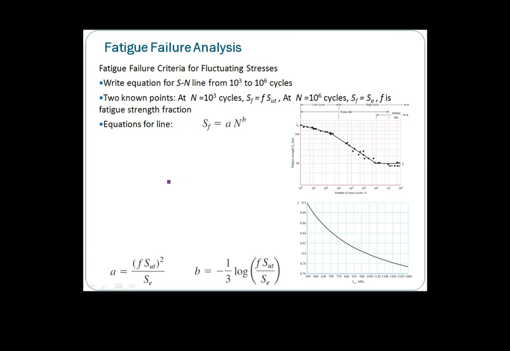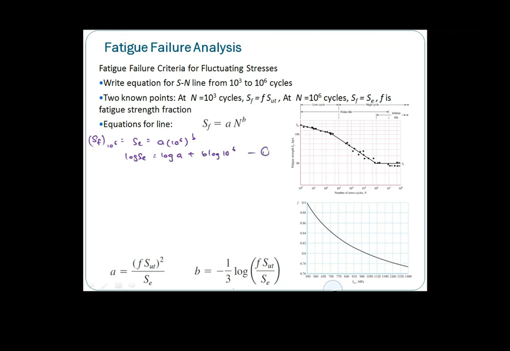Based on this, the first condition is Sf at 10 power 6 equals Se equals A times 10 power 6 to the B. If I take log on both sides, log Se equals log A plus B log 10 power 6.